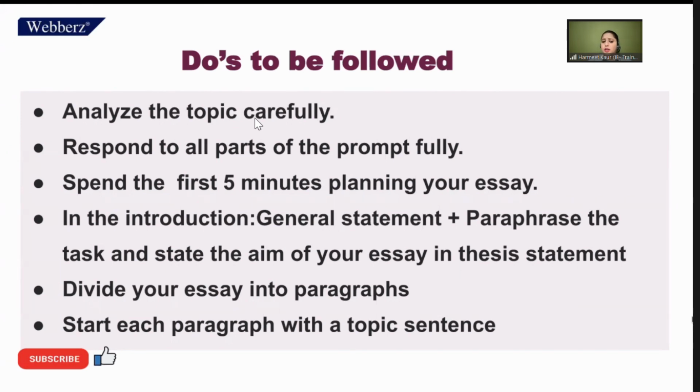So, in the introduction part, we will have first a journal statement. It is good to write a journal statement to make the essay impressive, especially for journal candidates. If academic people don't want to put this, it's okay. You can just start with the paraphrasing of the task or the background statement. And then the third statement would be to state the aim of your essay in the thesis statement.